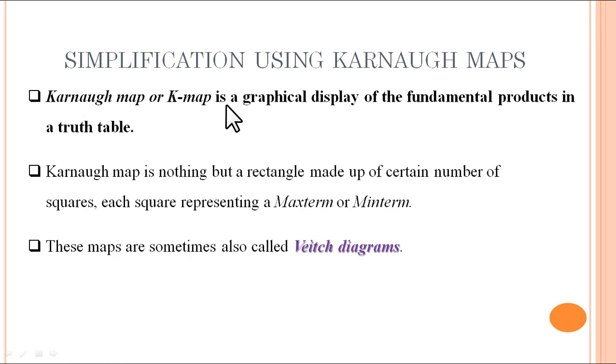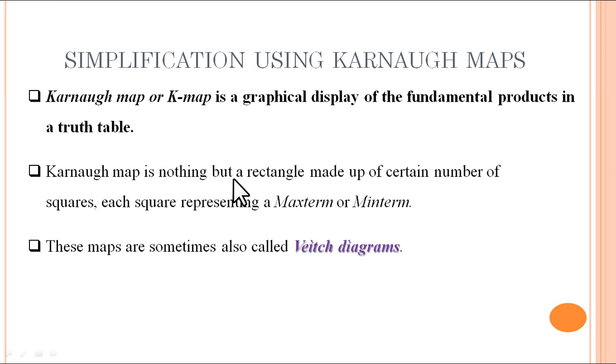A Karnaugh map or K-map is a graphical display of fundamental products in the truth table. Whatever the truth table is representing, as you know, SOP will be represented by ones and POS will be represented by zeros in the output. So whatever the output is in the truth table will be plotted onto the rectangle and we get the minimized expression out of it by using certain rules.